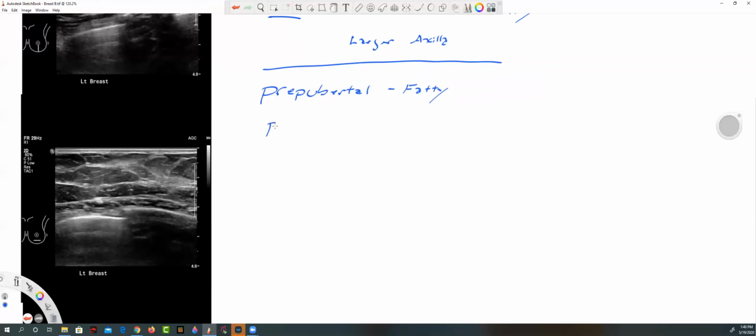But at puberty, glandular growth. Young, nulliparous.